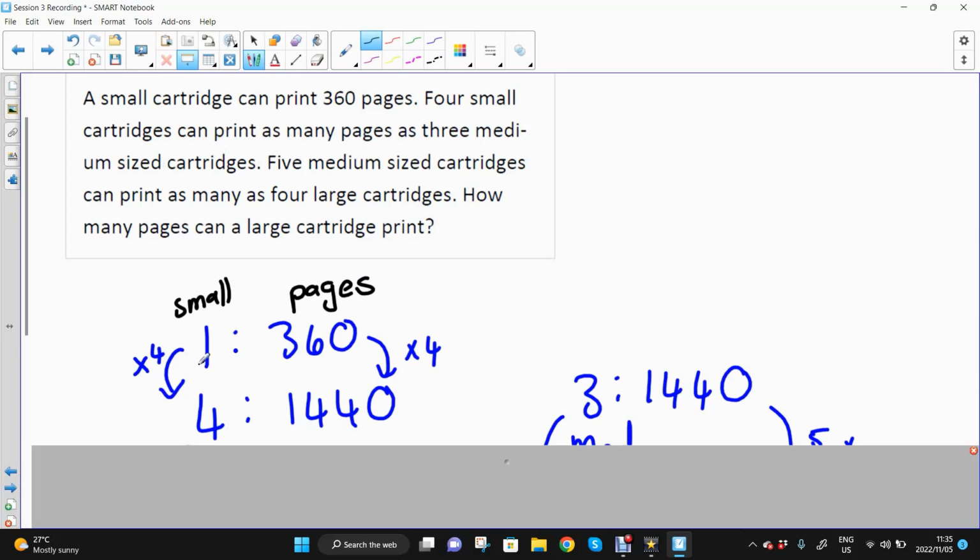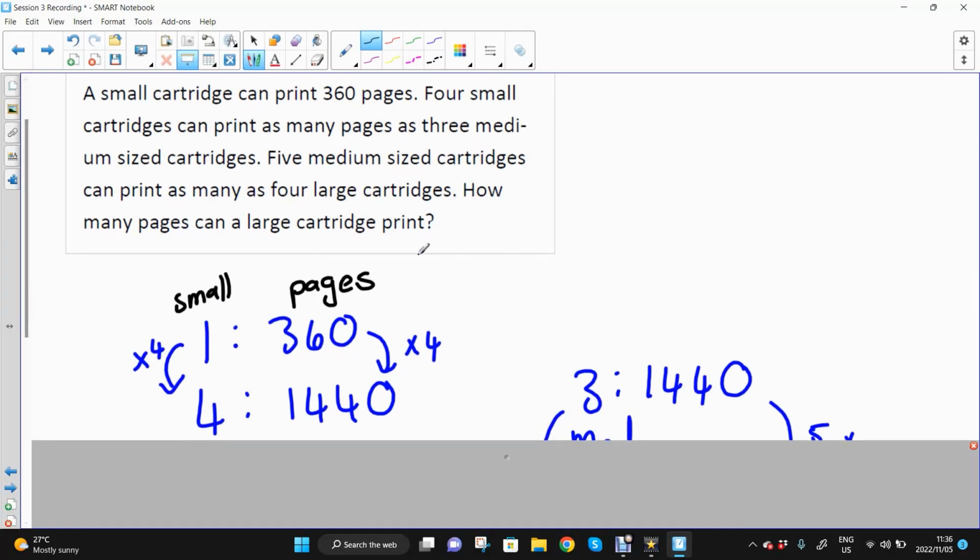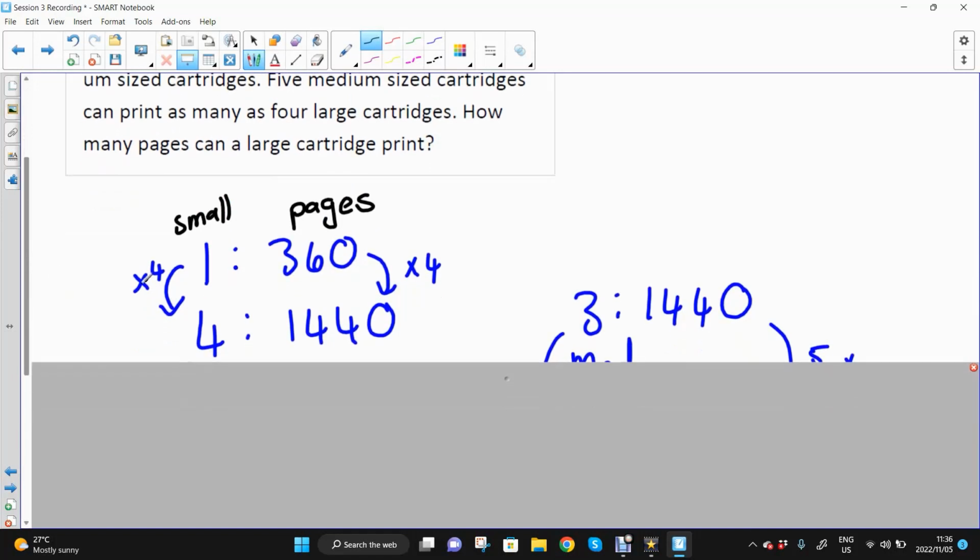I want to know how many pages can 4 small cartridges print. So I had to work that out because I need to use this answer for my next size. So I then times this ratio by 4 on both sides. So now I can see 4 small cartridges is going to print 1,440 pages. Now let's read on.